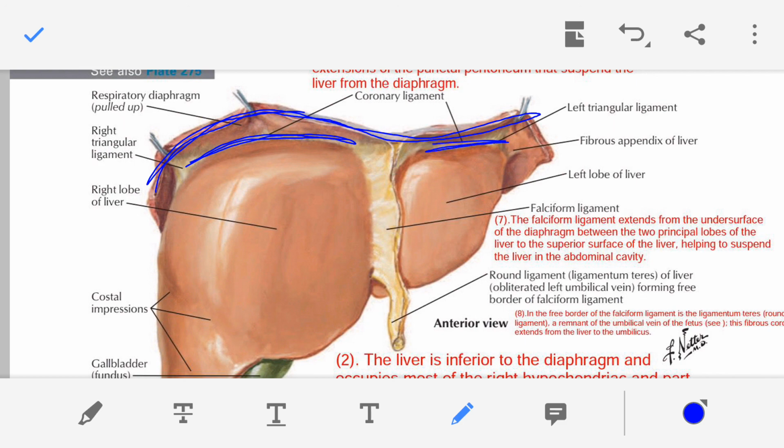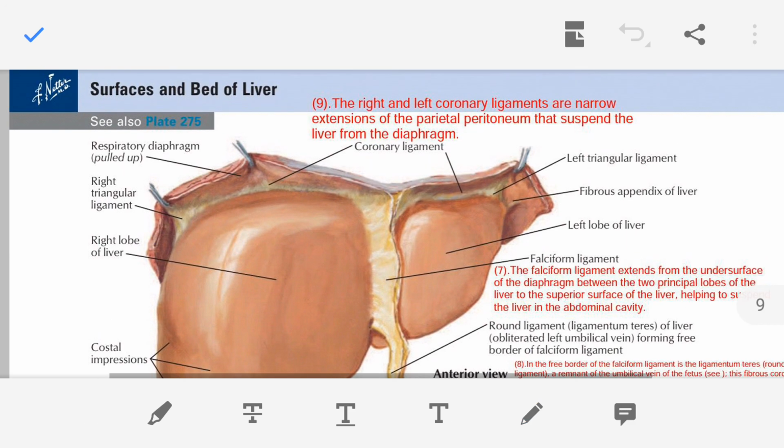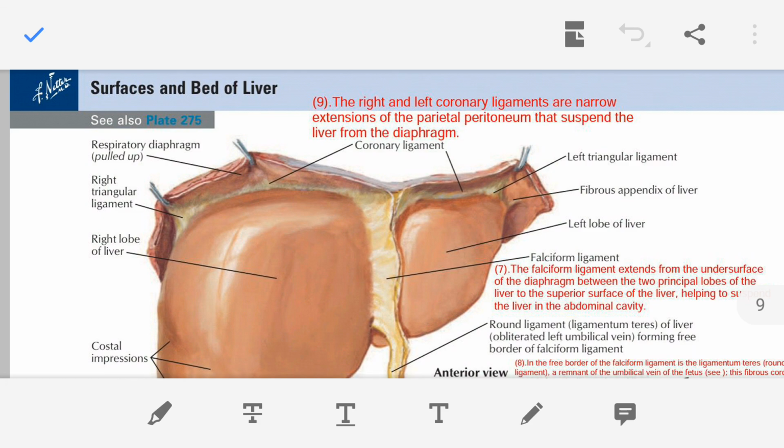So between the diaphragm and the liver, the ligaments are present, holding up the entire liver and connecting the liver with the diaphragm. In other words, between the diaphragm and the liver, the coronary ligaments are present. So the liver is suspended from the diaphragm with the help of the coronary ligament.